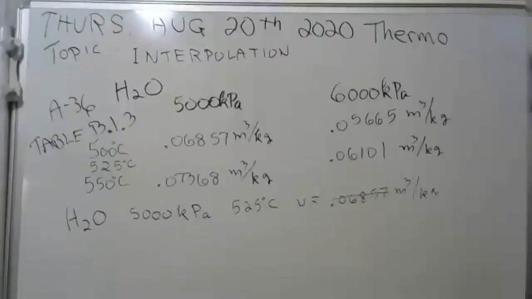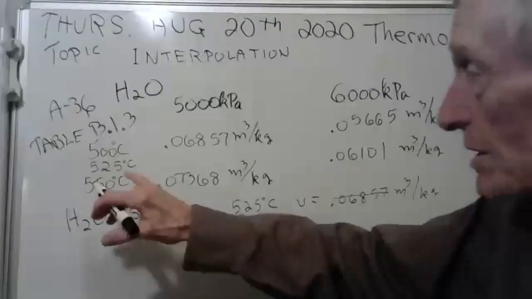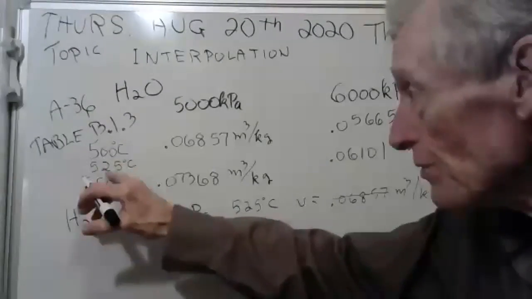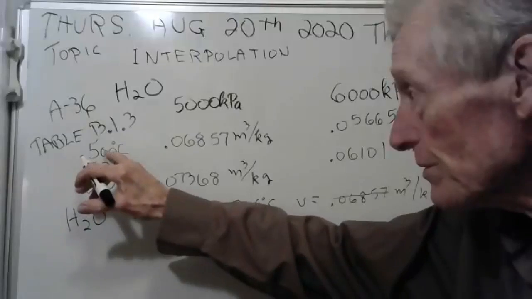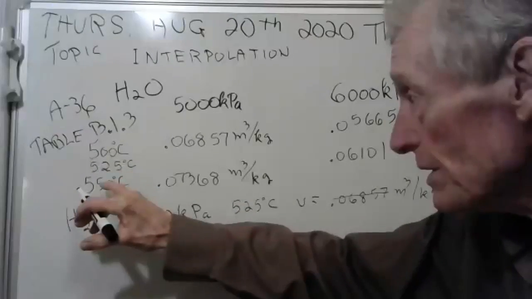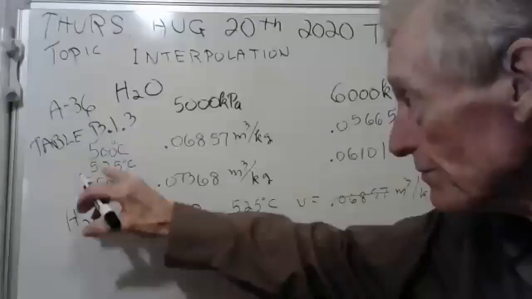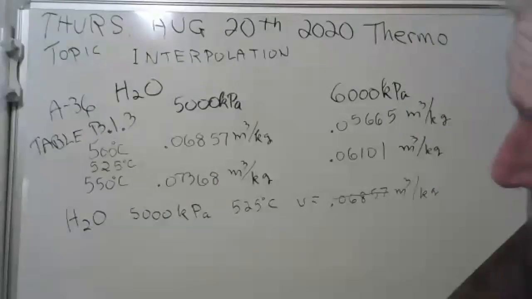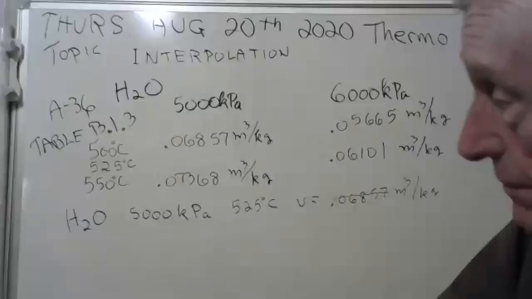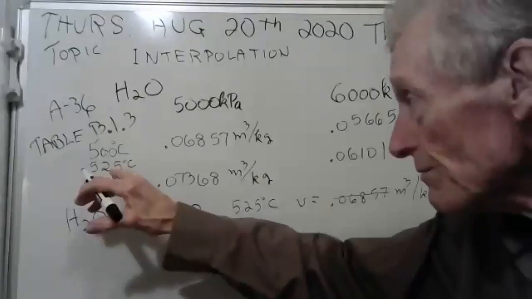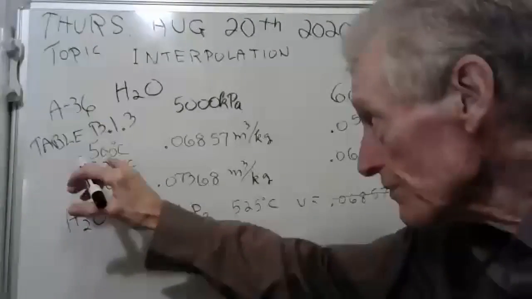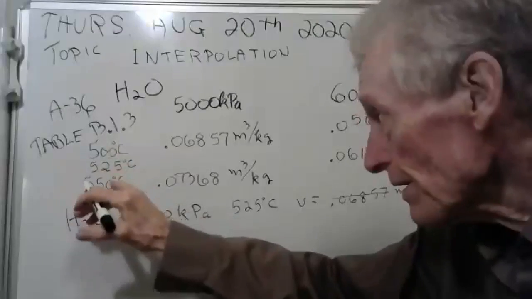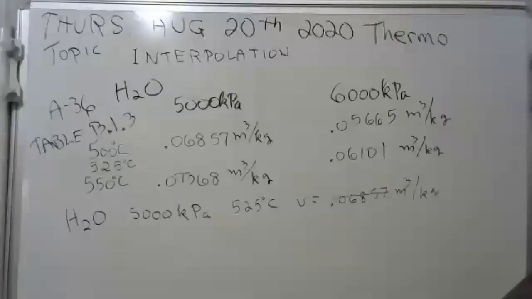You have to interpolate. In this case, it's pretty easy because 525 is 1/4 of the way from 500 to 550, isn't it? No, I'm wrong. It's half of the way, isn't it? 525 is halfway between 500 and 550.